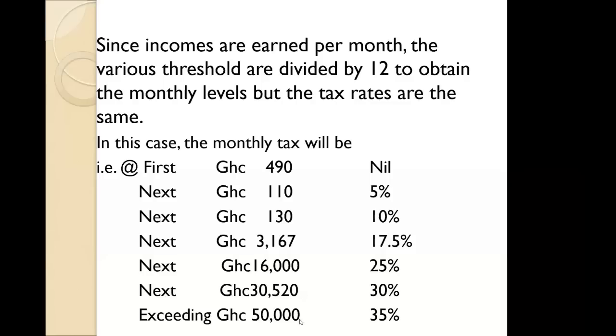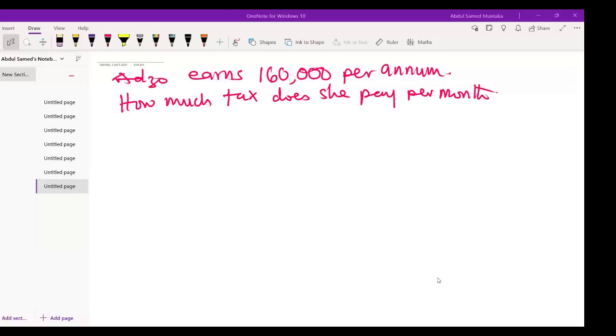So I will bring back my board. Solution. This 160,000 is annual income. So before you start calculating, you have to divide it by 12 to get the monthly income.